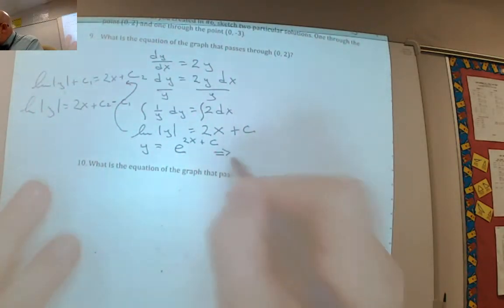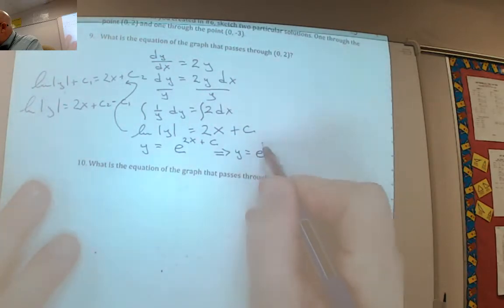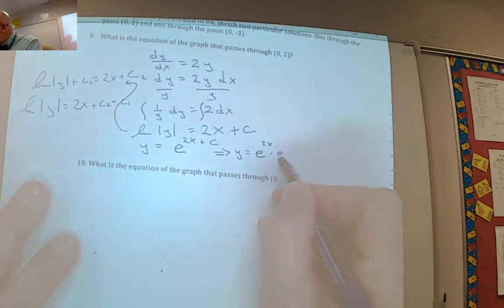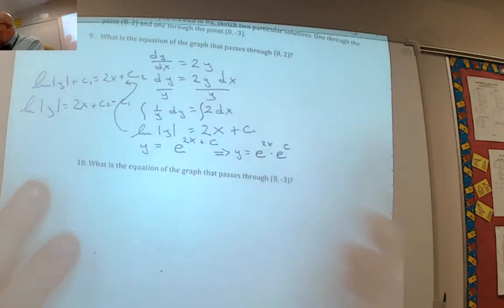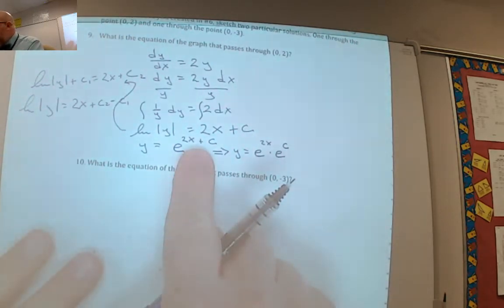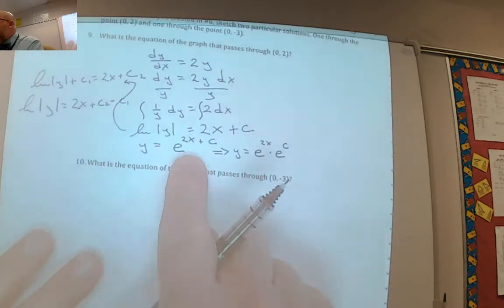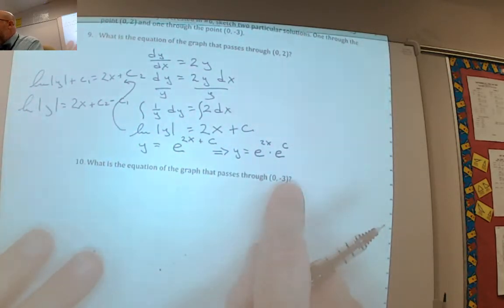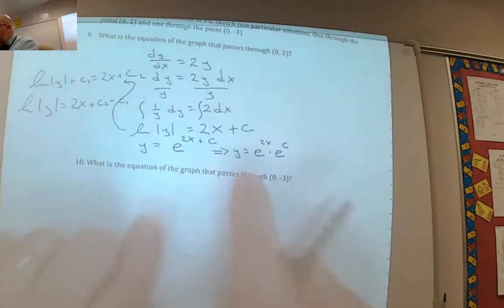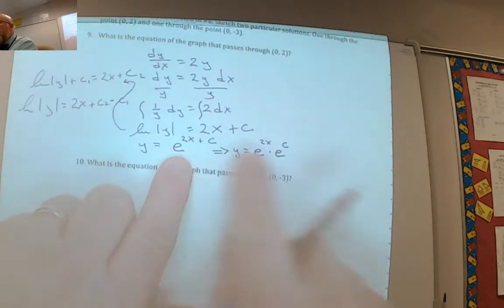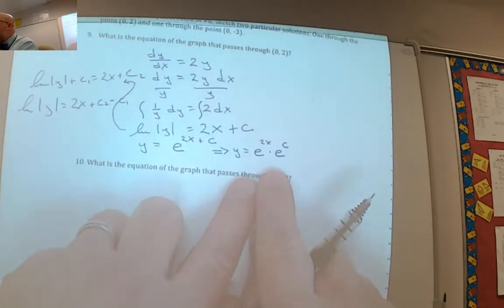This is going to become this. Because when you add exponents, you're multiplying terms that have the same base. Are we okay with going from here to here? Because I do not want to go too fast.